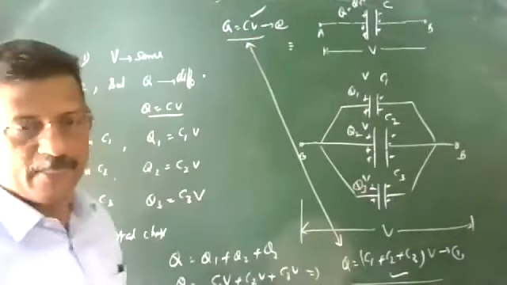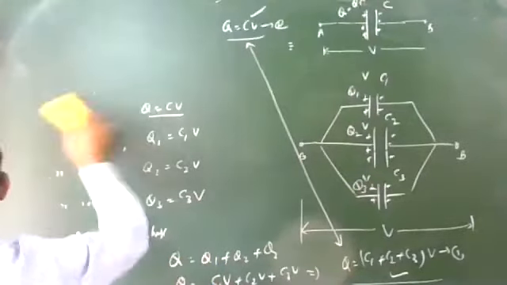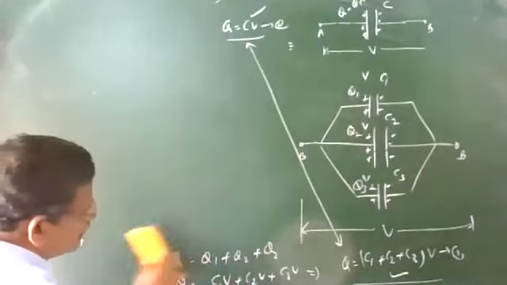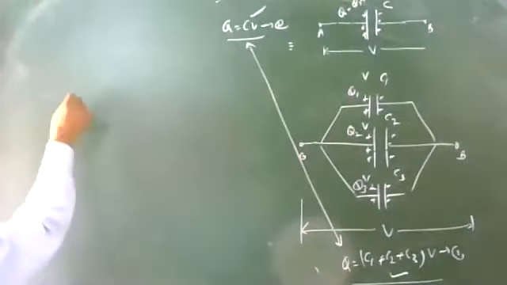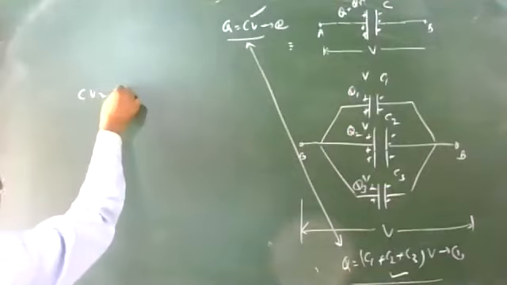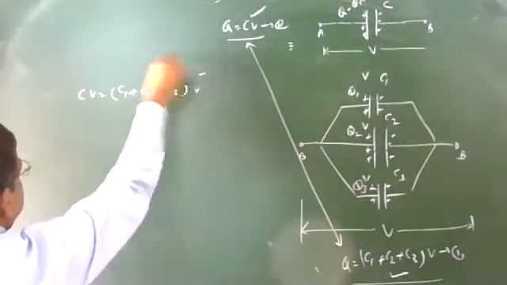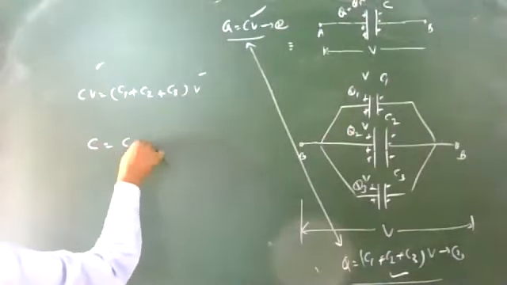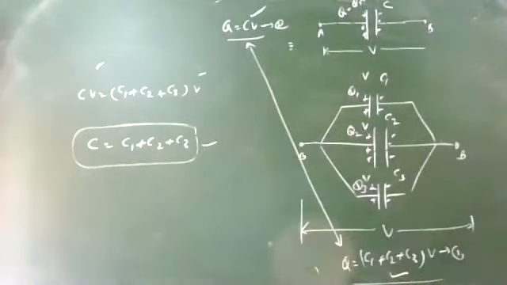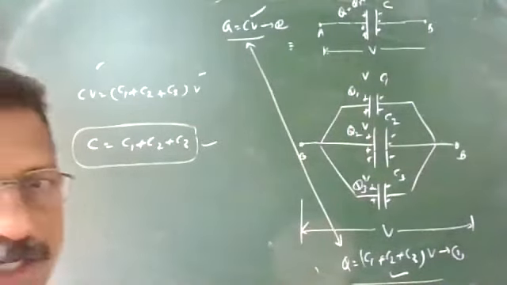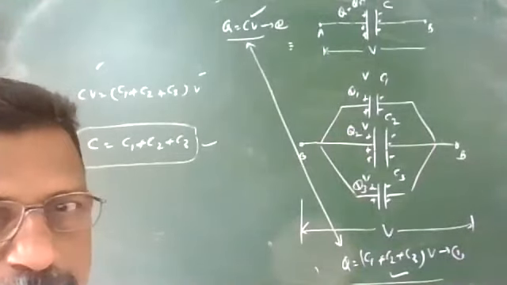CV equals C1 plus C2 plus C3, times V. We cancel V, and we are getting C equals C1 plus C2 plus C3. Simply adding the capacitors, you will get the equivalent capacitance in a parallel connection.